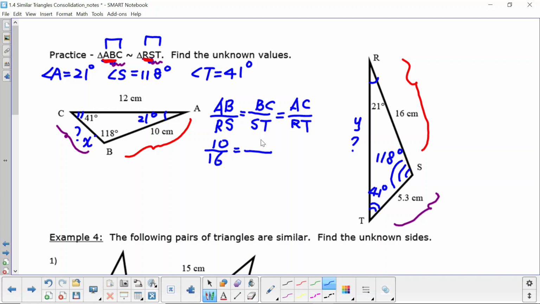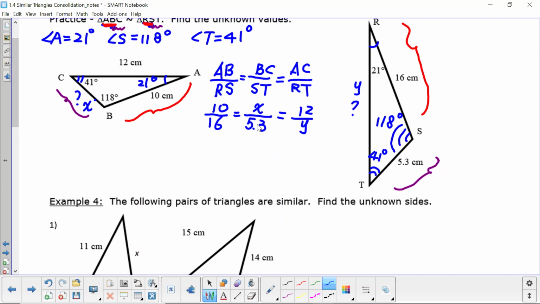BC is x, ST is 5.3. AC is 12, RT is y. Then we have these three ratios equal.